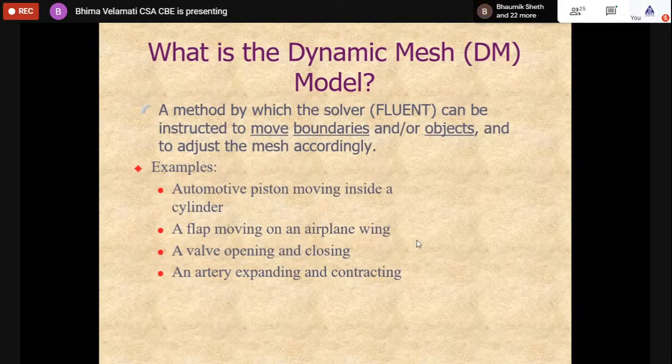Examples that I've listed here: an automotive piston moving inside a cylinder, flapping motion, valve opening and closing, or any object or any pipe or flexible surface which is moving, contracting and expanding. Any boundary that is moving or object that is moving.